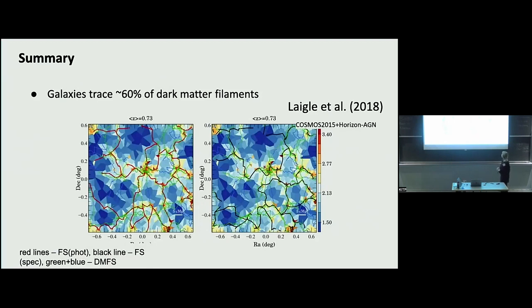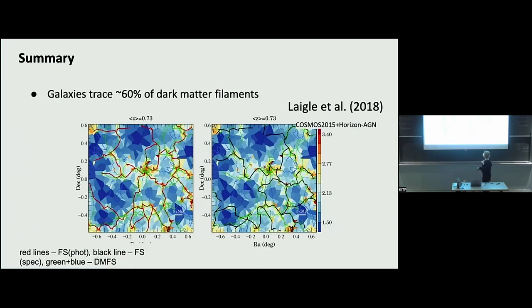They used the COSMOS survey to identify filaments using photometric information about galaxies and spectroscopic information of galaxies, and they built two filament systems. They also used the Horizon-AGN simulation to build the corresponding distribution of the galaxies and dark matter distribution to extract its green lines, and the red lines do not coincide with the black one, and the green one does not coincide with them all.